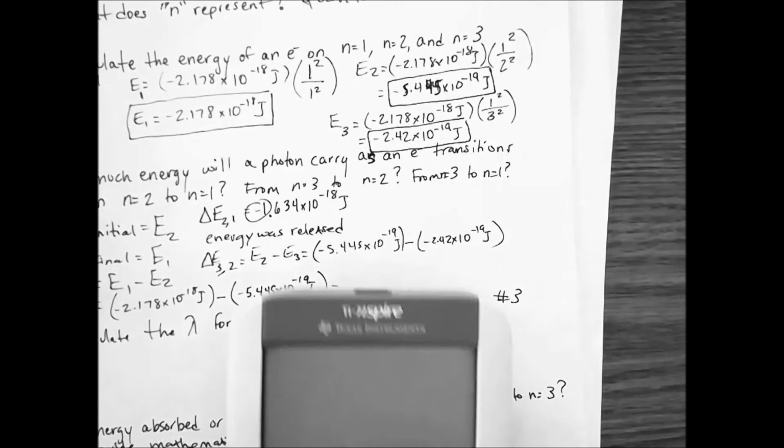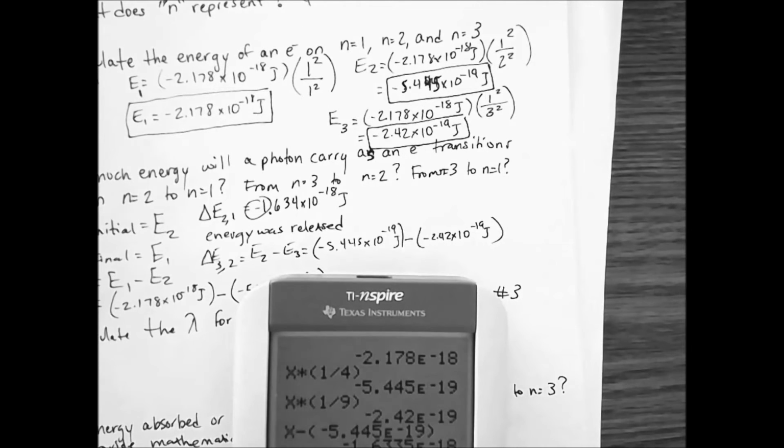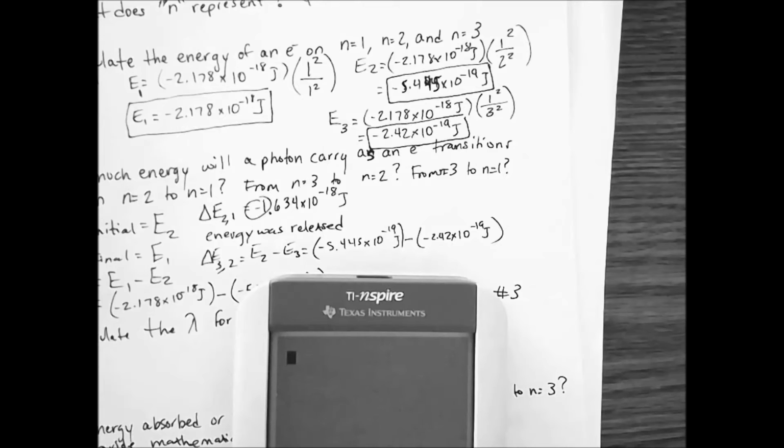So we go ahead and plug that in the calculator. Parentheses, negative 5.445 times 10 to the negative 19th power, minus, parentheses, negative 2.42 times 10 to the negative 19th power, close parentheses, and here's your next delta E.